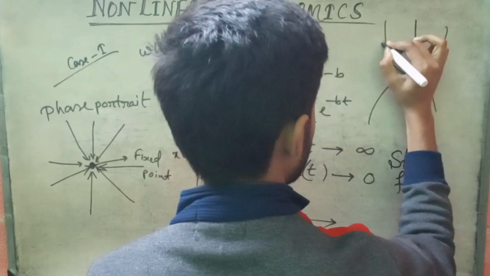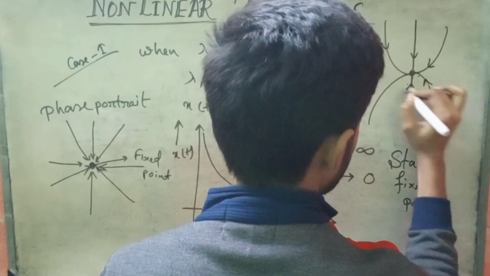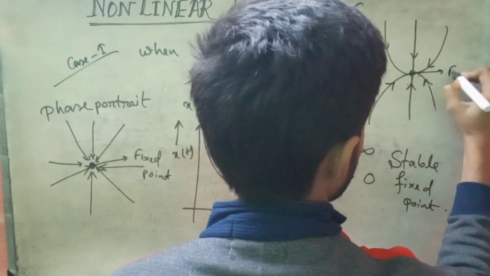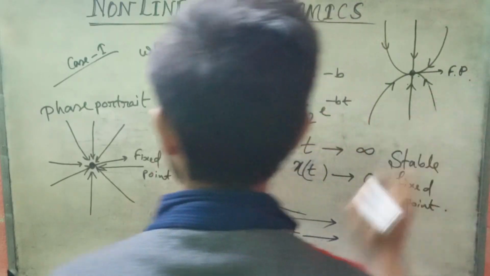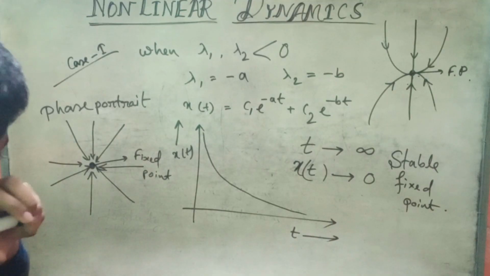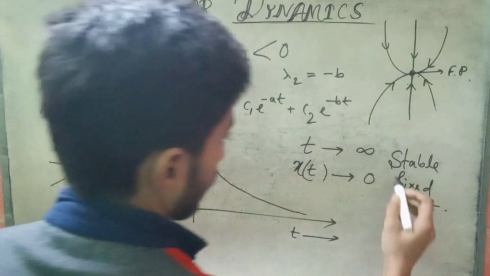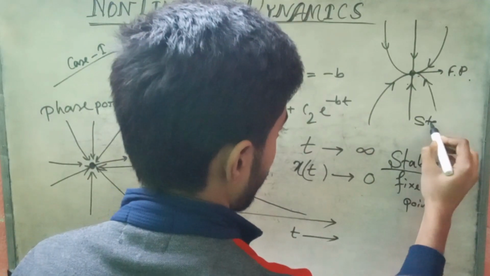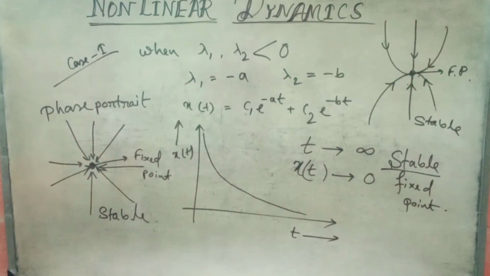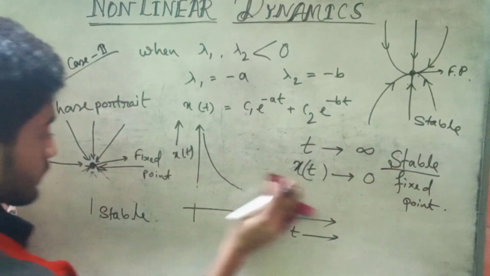All system trajectories converge towards the fixed point. This is a fixed point, right? So now, this is stable, this is also stable, this is also stable. So this is case 2. Now let's erase this part.